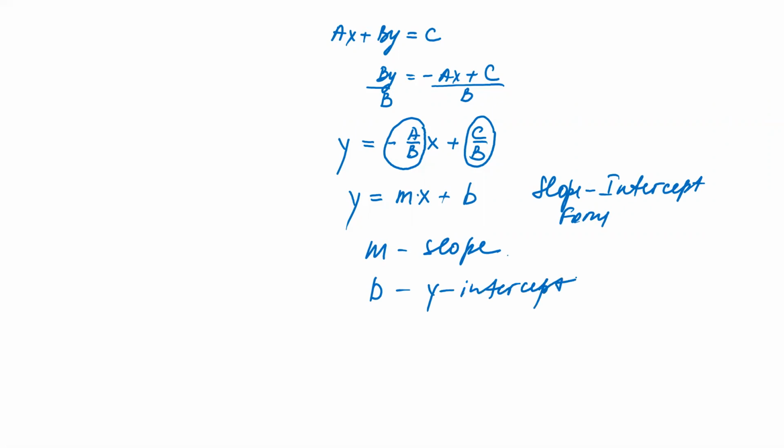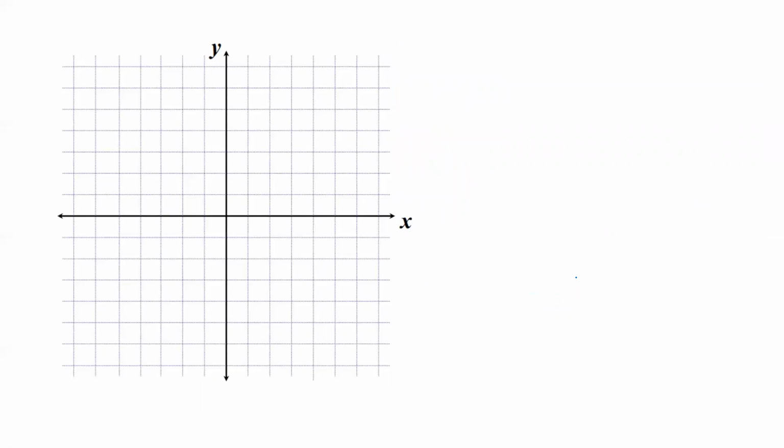Okay, so to understand better the significance of these parameters, I will go back to one of my previous examples. So I'm going to take this equation, 2x minus 3y is equal to negative 3. I will solve it for y. So what is this going to be? Negative 3y equals negative 2x minus 3, right?